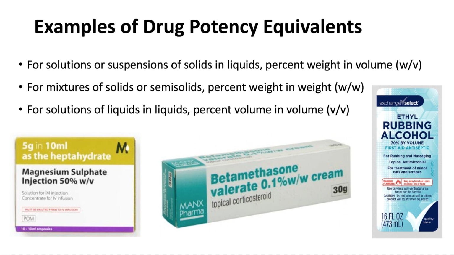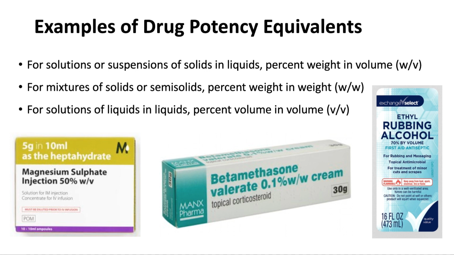So what I show here on the far left is most of your injectables contain drugs that were initially solids that are dissolved into either water or some sort of solution, so that they're dissolved solutions, but there is still a weight of that drug per the volume that it was dispersed in. So, for example, here we have magnesium sulfate injectable expressed as 50% weight per volume. That's how you could calculate how much drug is in each milliliter of that solution.